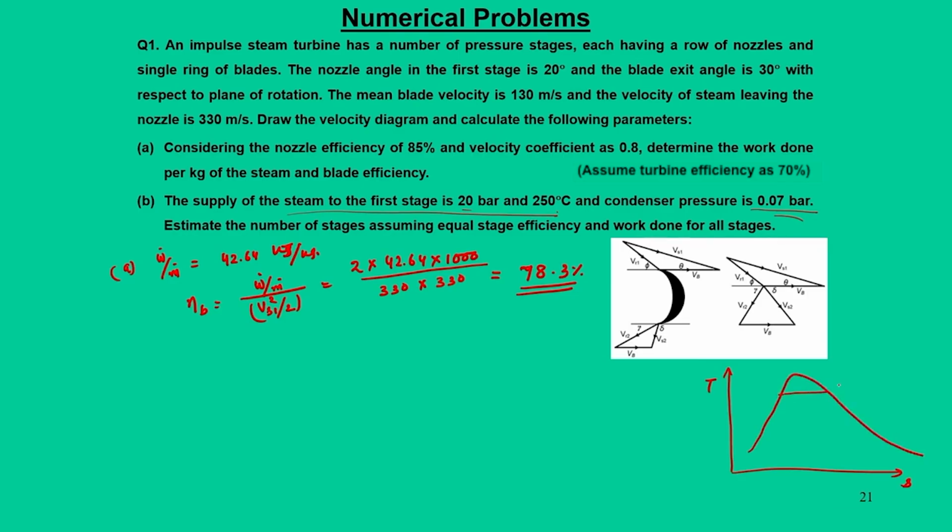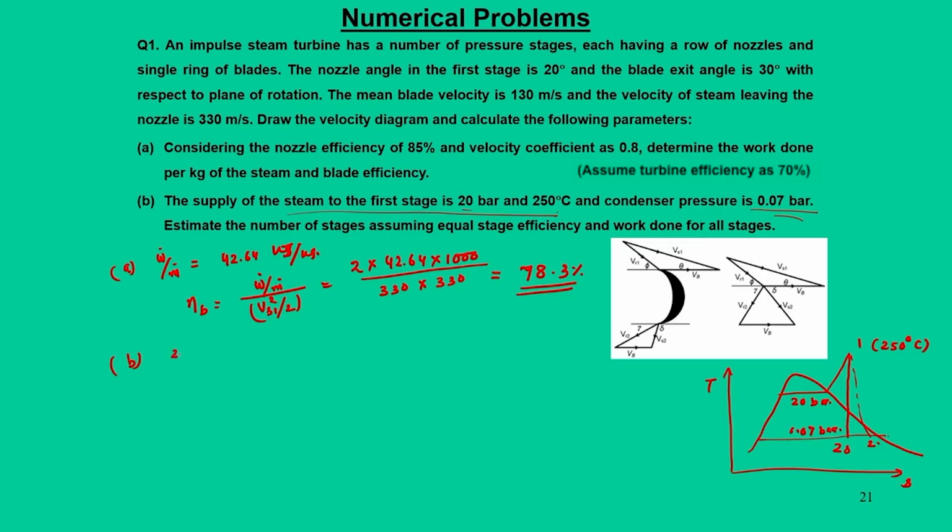So, you can see the steam which is available and the drop takes place, that is 1 to 2s. So, for the enthalpy drop in part B, this is 20 bar 250 degree centigrade and this is 0.07 bar.